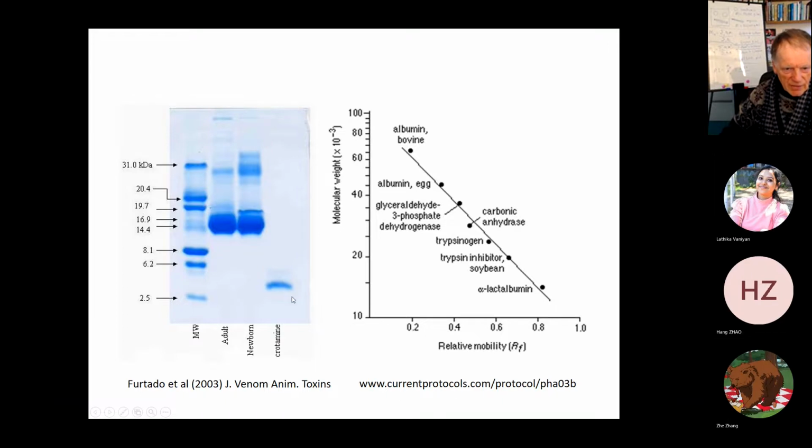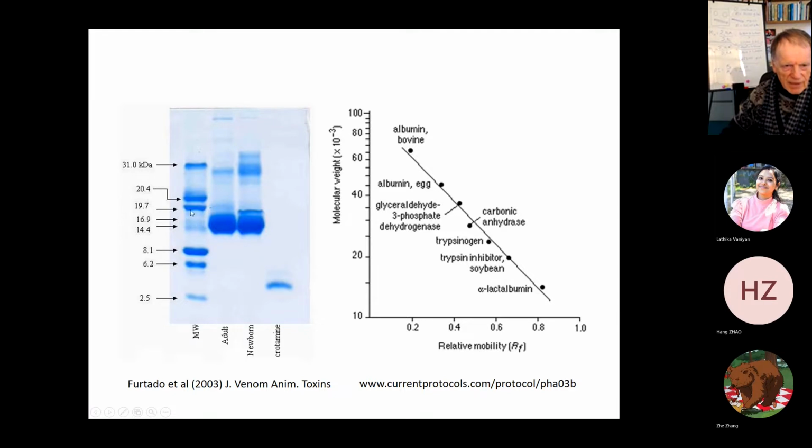This is a known toxin called crotamine from snake venom, and you can see the molecular weight of this is something between 2.5 and 6.2 thousand, based on these standards here.